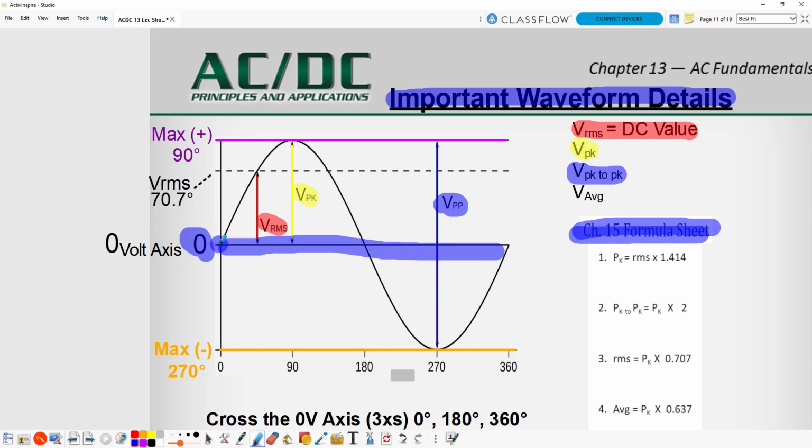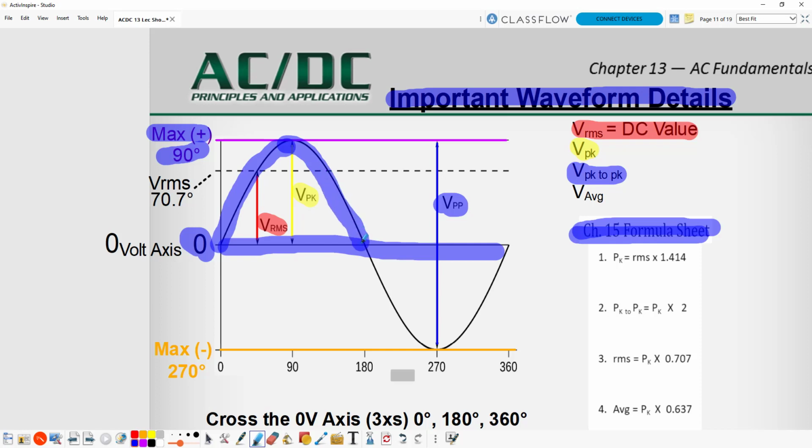As the wire is cutting through the lines of magnetic attraction, we will reach our max positive at 90 degrees. You need to write that down. We reach the max positive at 90 degrees. We'll continue to rotate. We come back to the 0 volt axis.